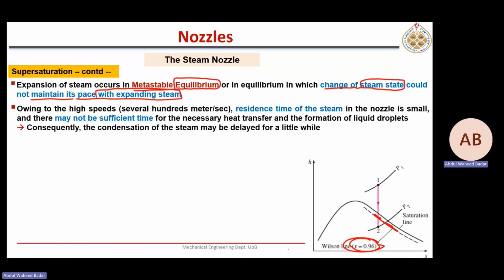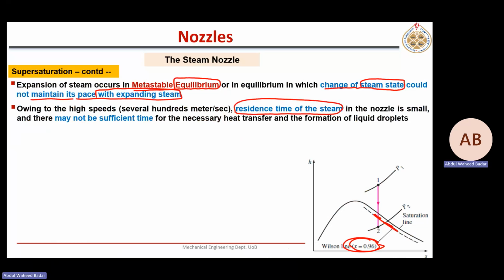For condensation you need some residence time for those fluid particles, but this time is not available when the fluid flows at such high speed.